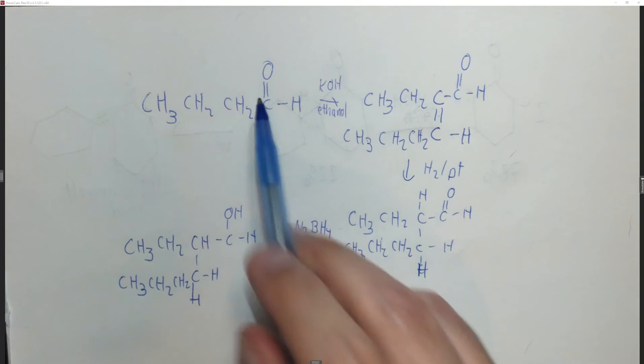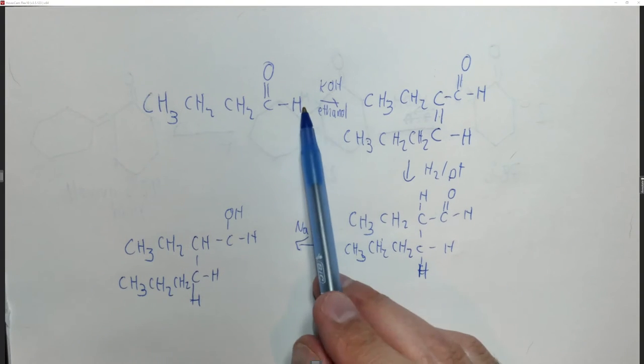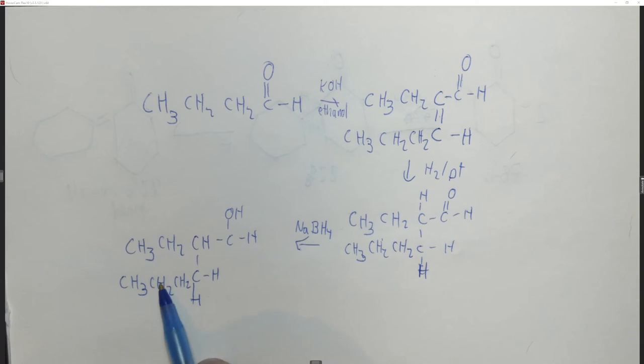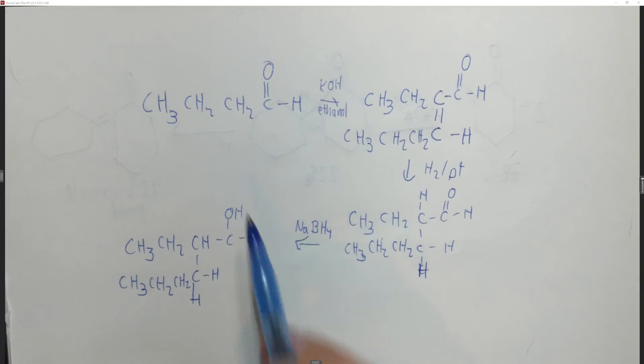So we started with a 4-carbon aldehyde, and we ended up with a 1, 2, 3, 4, 5, 6, 7, 8 carbon alcohol. So this can be a way to make larger molecules, as shown here.